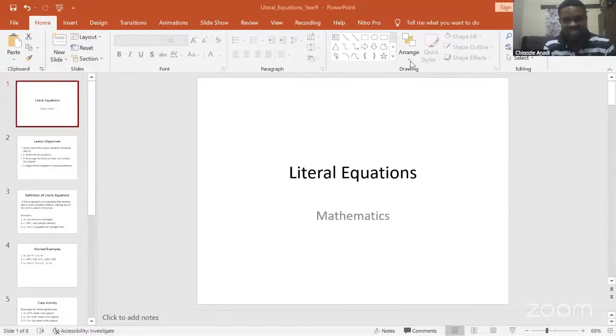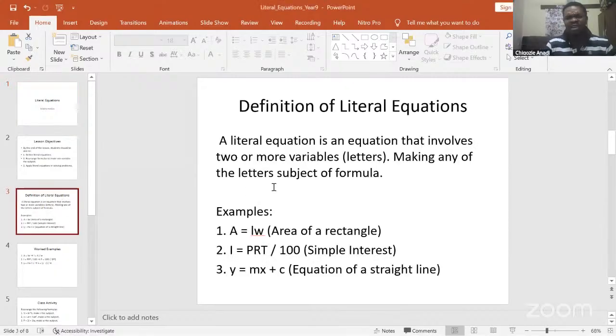But when it comes to mathematics, you're trying to bring two or more variables into a particular equation. So can you help me read what's on your screen, the definition of literal equation?